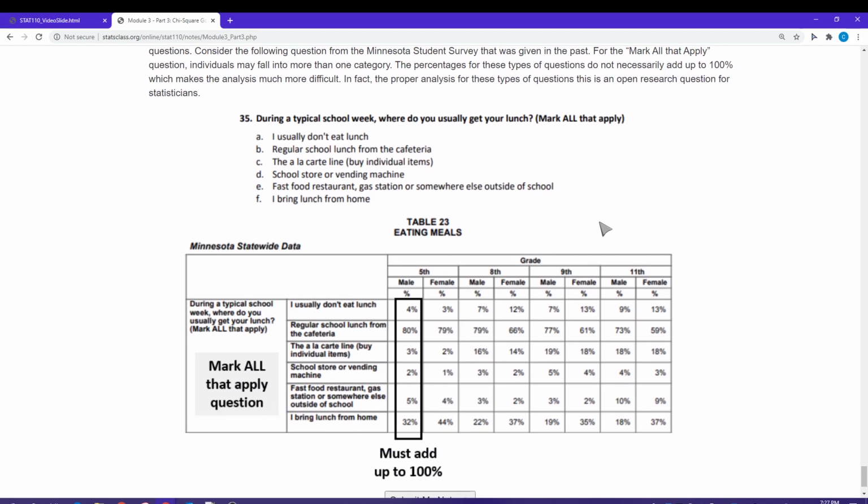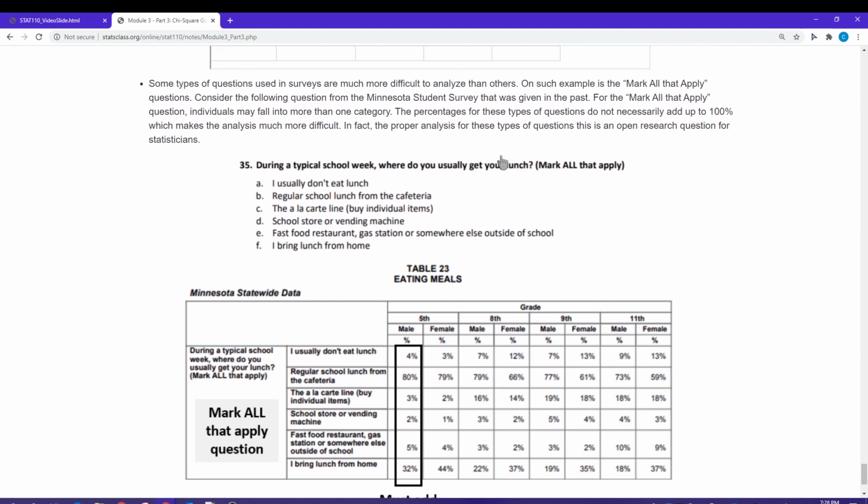The other thing is that there are sometimes questions on surveys that are mark all that apply. One on the Minnesota student survey that was mark all that apply is the following: during a typical school week, where do you usually get your lunch? Students were asked to mark any of those that applied.